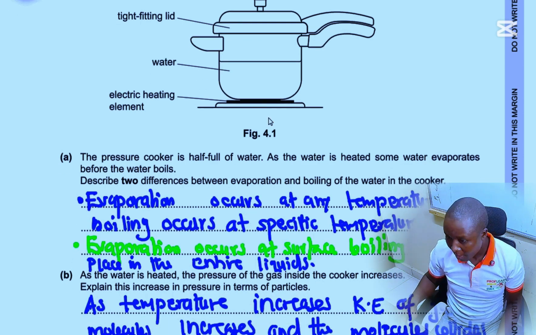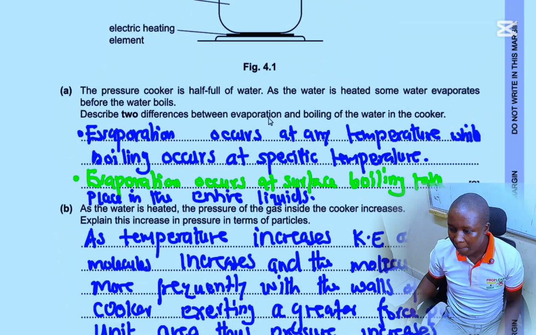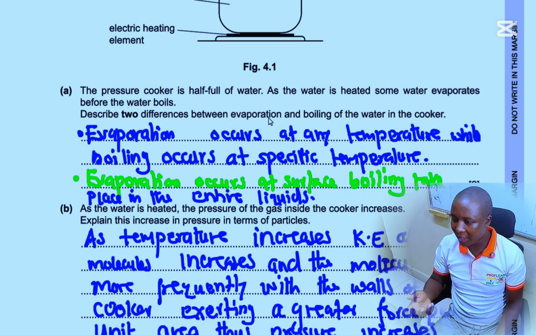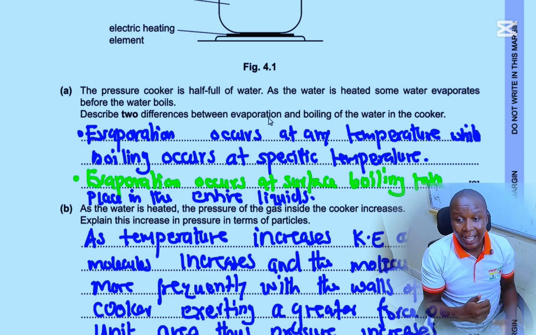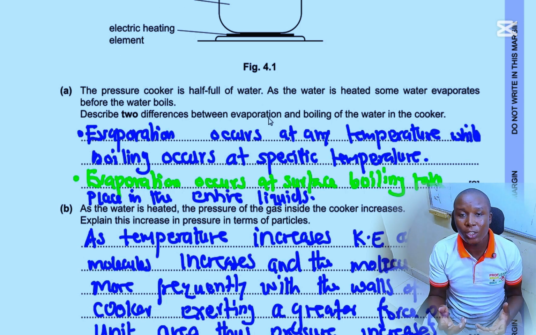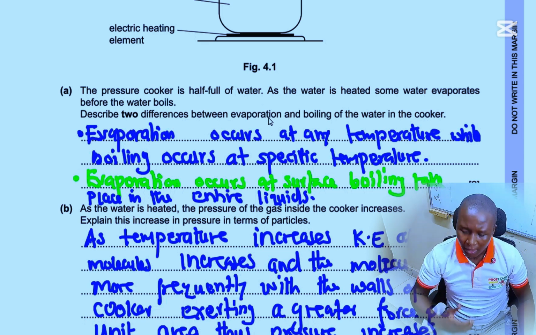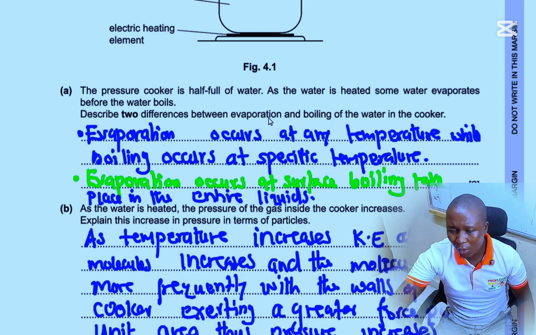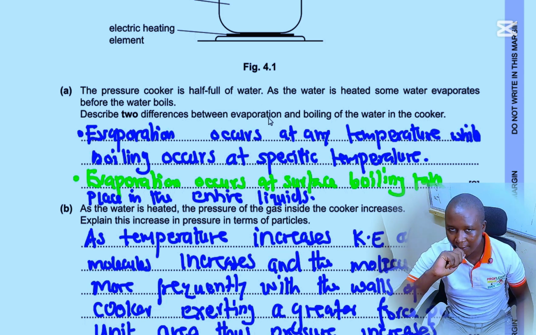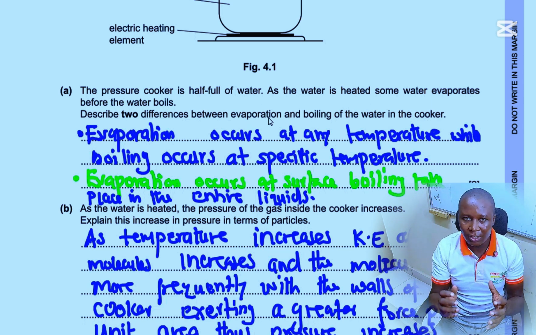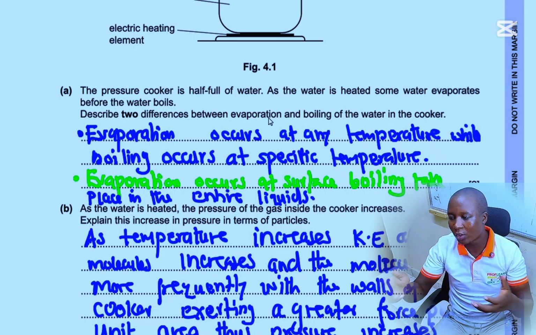thermal energy. Then explain, as water is heated, the pressure of the gas inside the cooker increases. How do water molecules result in pressure? Remember, as you increase the temperature, the kinetic energy of the molecules increases. And this kinetic energy enhances the collisions on the walls of the cooker.